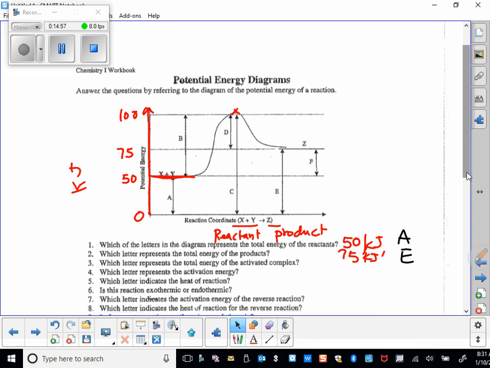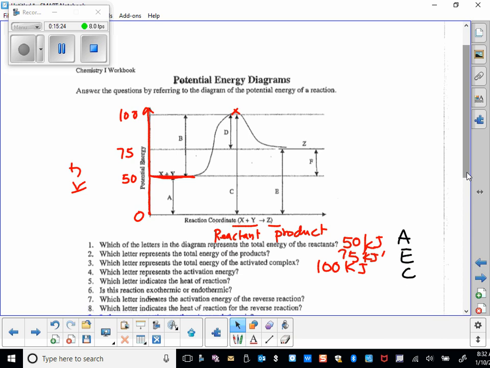C. It can be alphabet C, but if you give it a number, what will it be, Anna? 0 to 100. So it's going to be 100 kilojoules. The total energy of the activated complex is 100. Are we good?